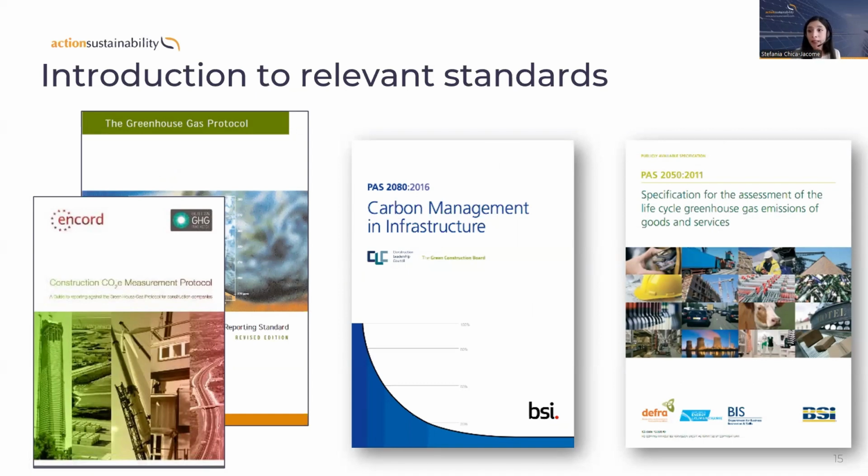There are guidelines and standards that can help you calculate your emissions, and the one I want to mention today is the Greenhouse Gas Protocol, which is the one on the left-hand side. This is the most widely used standard.